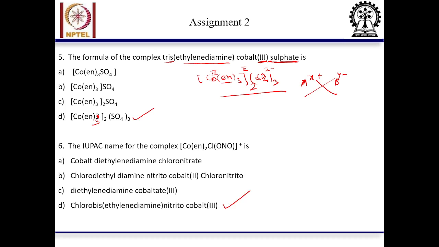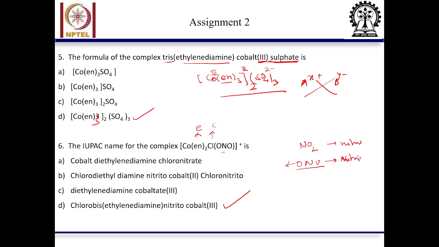So how? First we will write the ligands. Here we have ethylene diamine that starts with E, chloro starts with C, and observe this important thing. If it is written NO2, it is nitro or nitrito-N. If it is written ONO, it indicates that it is coordinated through O, so we will write it as nitrito.